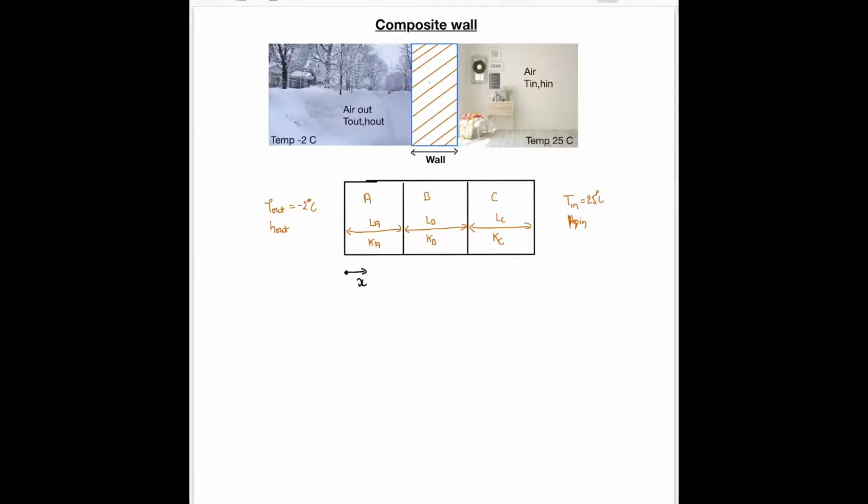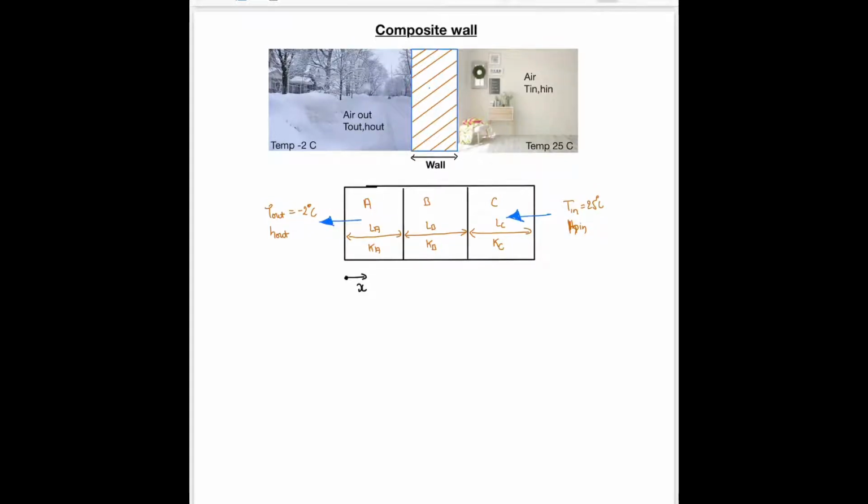The heat will be flowing in this direction, from inside of our room, which is at 25 degrees Celsius, to the surroundings, at minus 2 degrees Celsius. So here we will use the resistance method to analyze the heat transfer through this composite wall. That is the thermal resistance method.